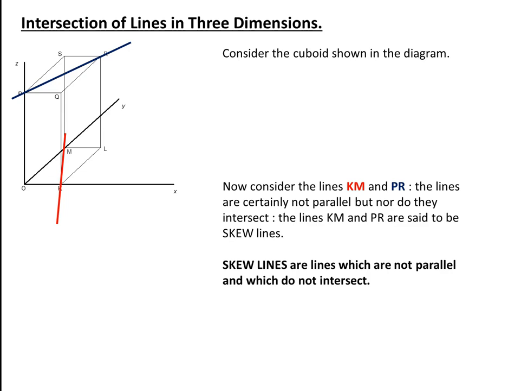And it's clear that they won't intersect because the line KM is a line which is on the plane formed by the base of the cuboid, whereas the line PR is a line which is in the plane defined by the top of the cuboid. Lines like KM and PR are called skew lines. And skew lines are lines which are not parallel and which do not intersect.